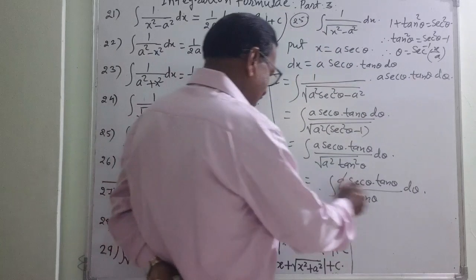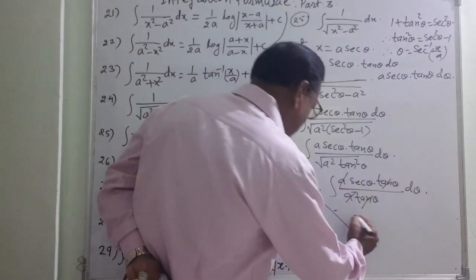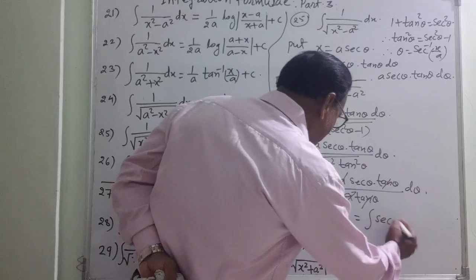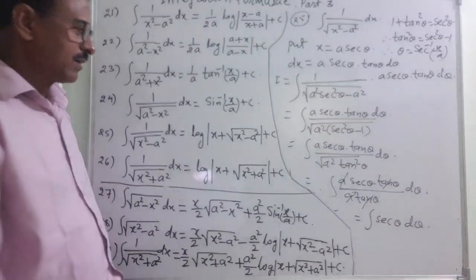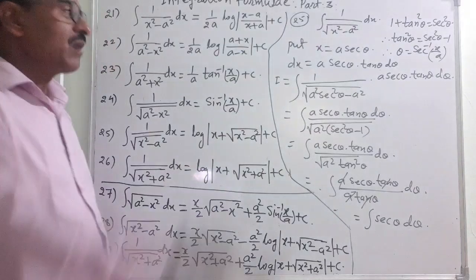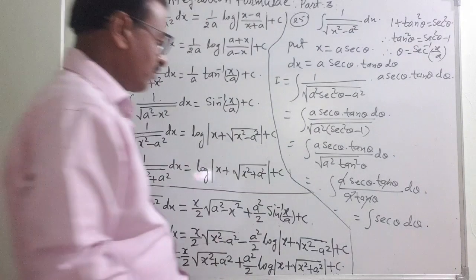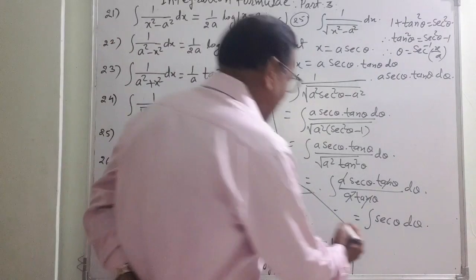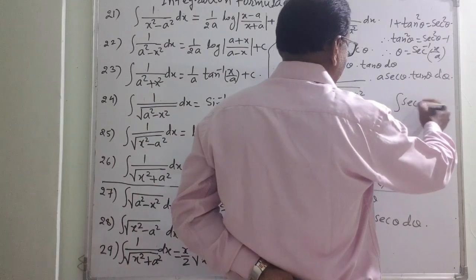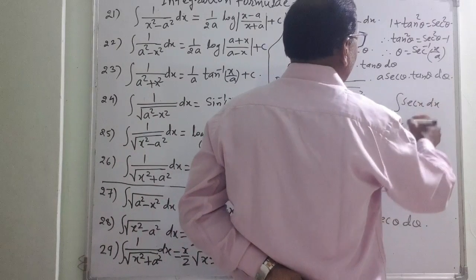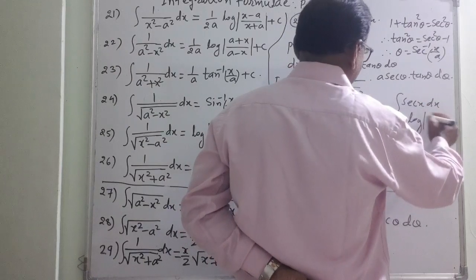A cut, tan cut. That is equal to integration of sec theta d theta. Now see this. Now go to the formula. What is the integration of sec theta? Integration of sec x dx is equal to log of sec x plus tan x.